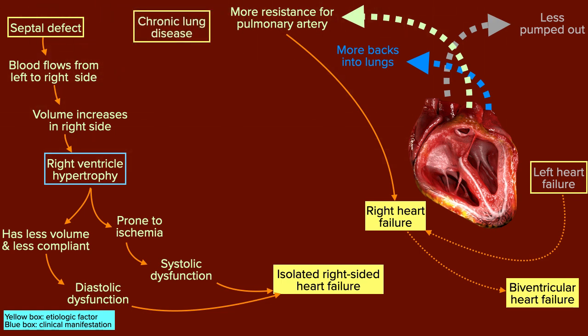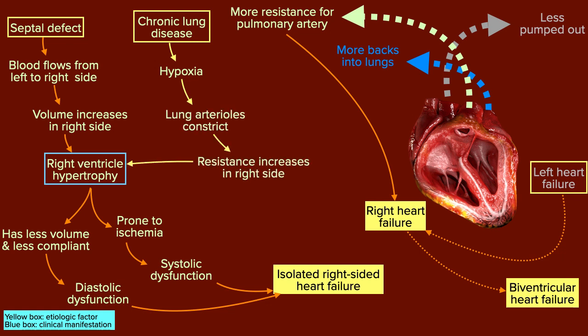Another potential cause for isolated right-sided failure is chronic lung disease. Lung disease often makes it harder to exchange oxygen, right? So in response to hypoxia, the pulmonary arterioles constrict, which raises the pulmonary blood pressure.